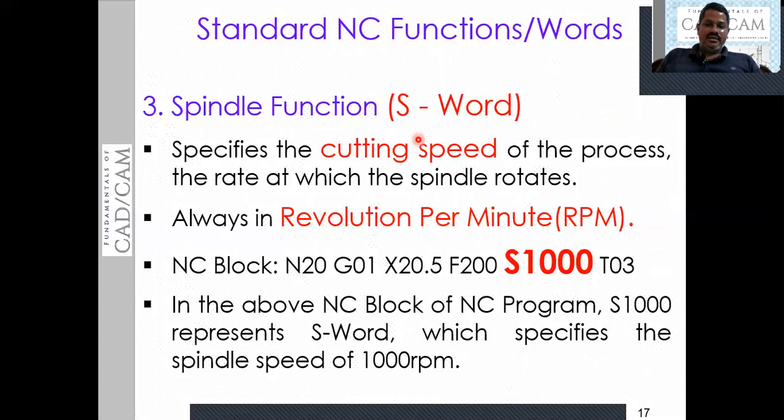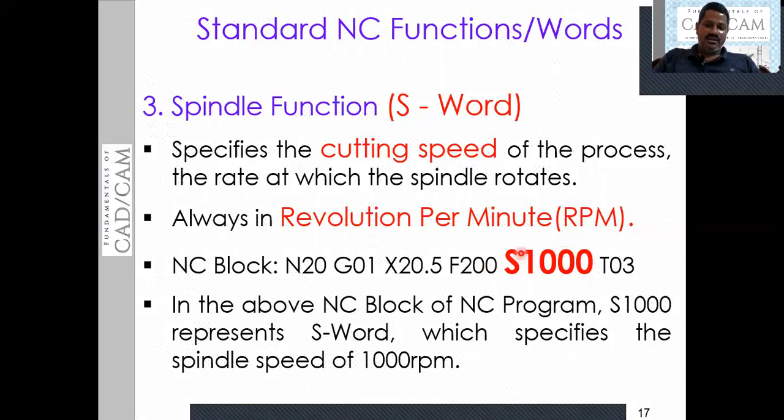Then we have the spindle functions. As we have seen in the previous block, the S function followed by a number specifies the speed at which the spindle is going to rotate. Assume that we are performing a turning operation.